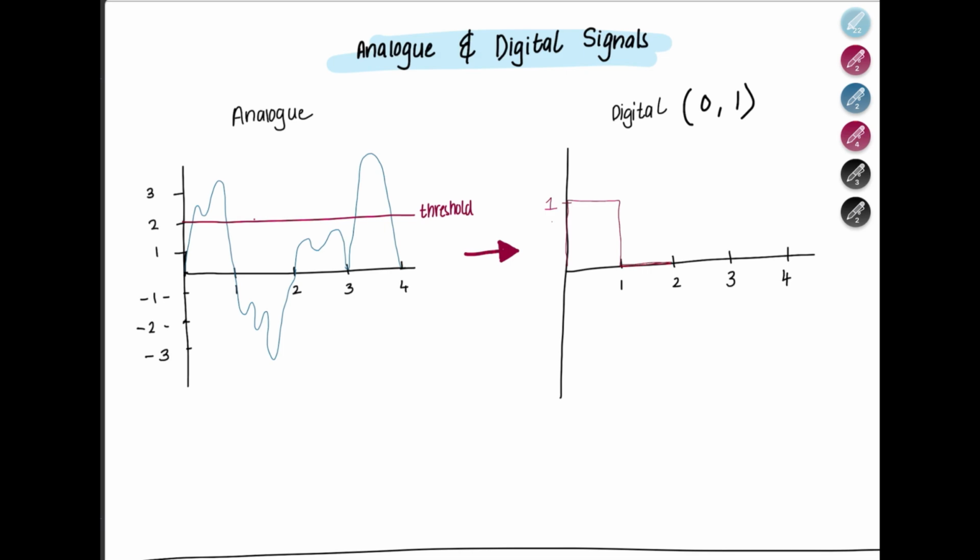What about between 2 and 3? Again, this is below the threshold, so that is also going to be 0 here. What about 3 to 4? This value is greater than the threshold, so our value would be 1 this way. And that's our digital graph. We only have either yes or no, either 0 or 1.